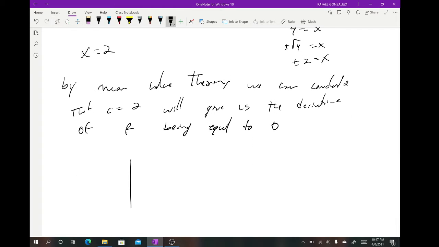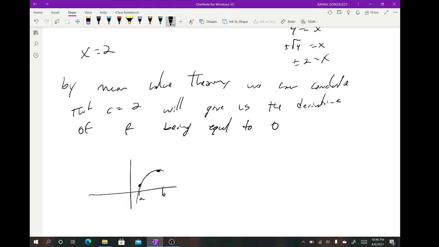Now, what this is basically saying, let's say again, we have this particular graph. What this is saying is that, let's say your graph looks like this, right? And you're looking at an interval, like from here. Let's say this is A, this is B. Now notice, unlike in Rolle's theorem, the A and B are not actually equal.